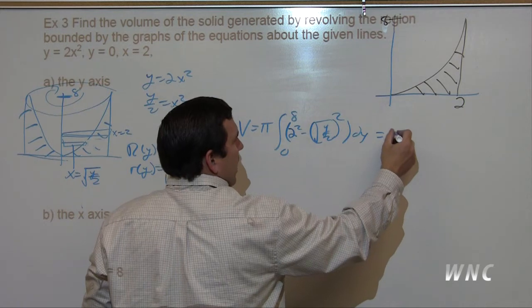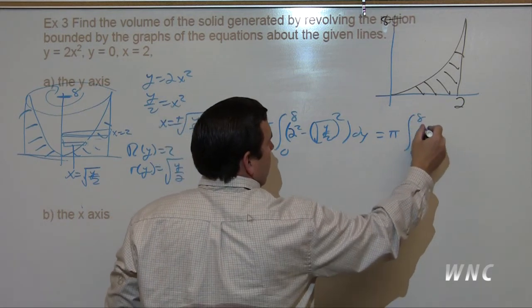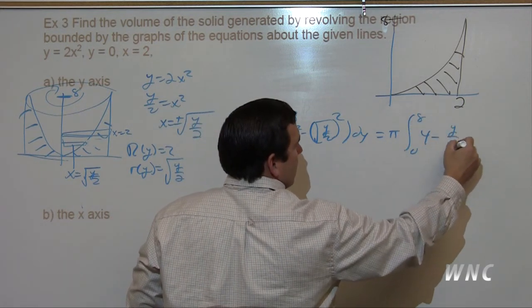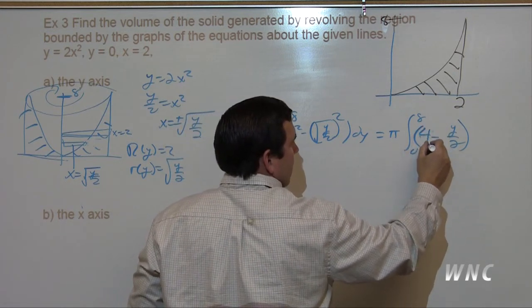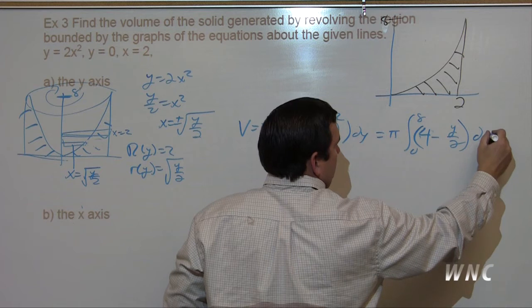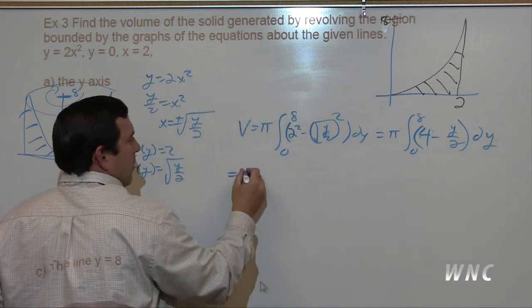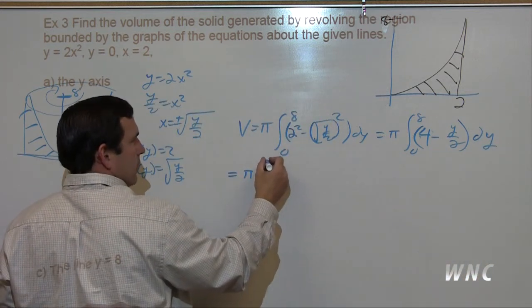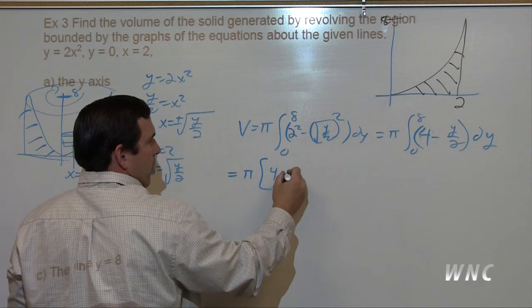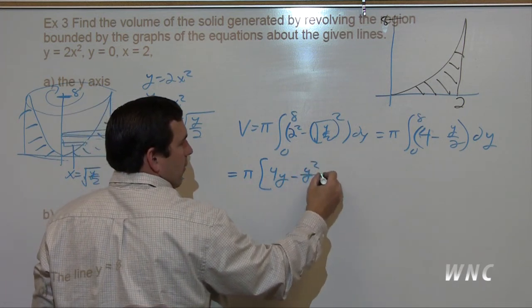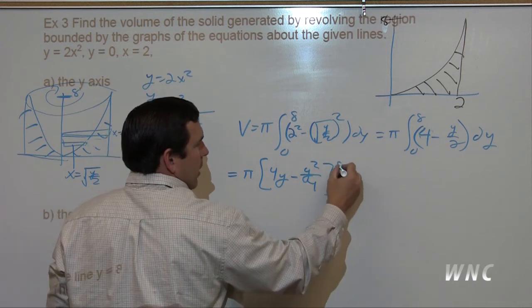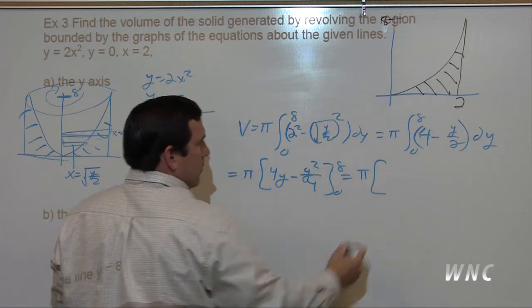So that's going to be pi times the integral from 0 to 8 of 4 minus y over 2. This is a 4, not a y. That's going to be pi times what? 4y minus y squared over 4 from 0 to 8.